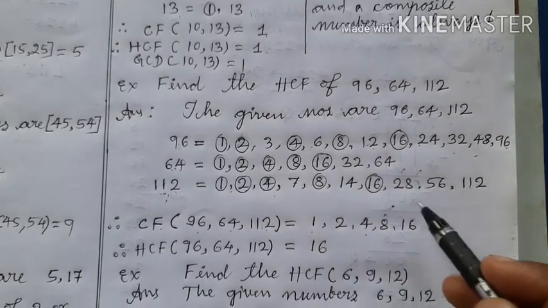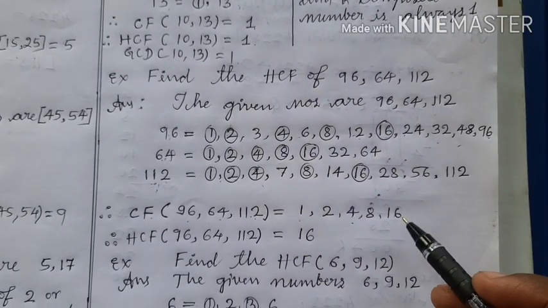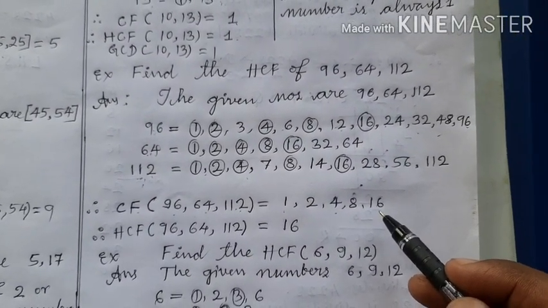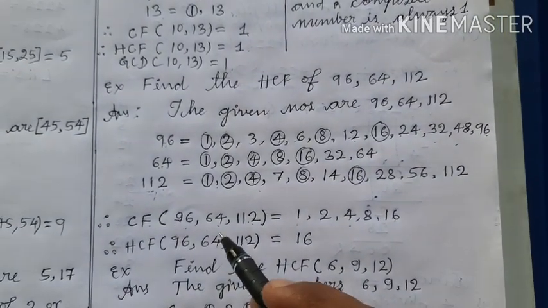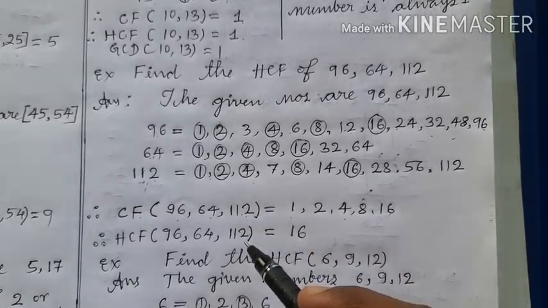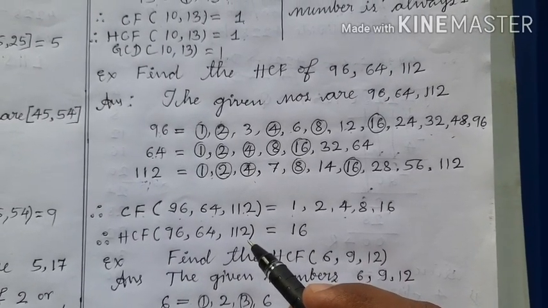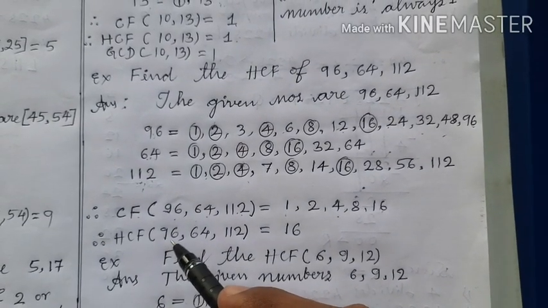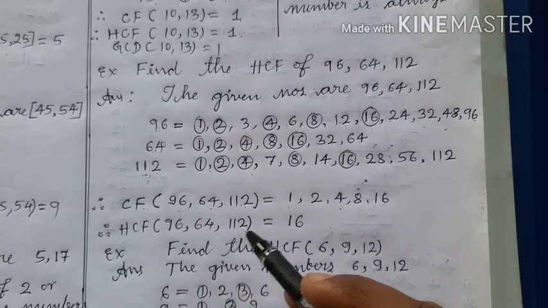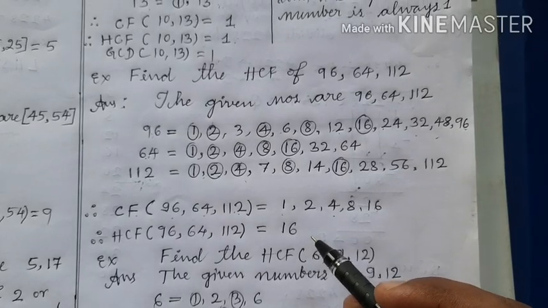But among these common factors, which is the highest common factor? Here 16 is the highest common factor of 96, 64 and 112. And of course the 16 is also called the greatest common divisor of 96, 64 and 112. Is it clear to you children?